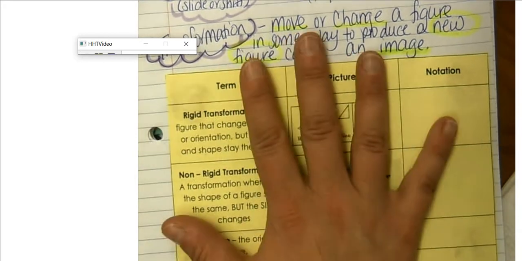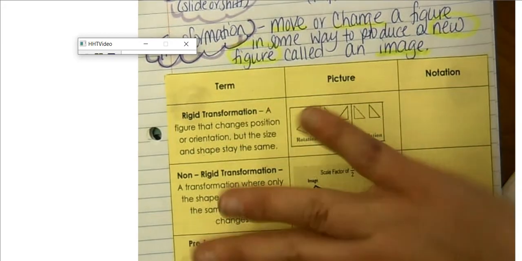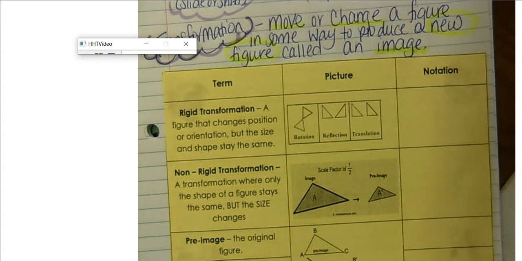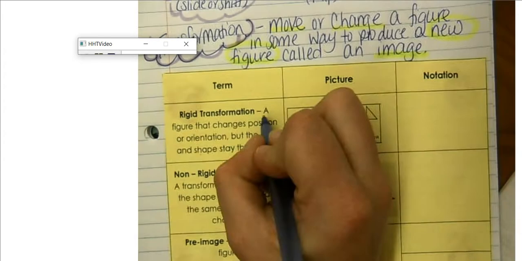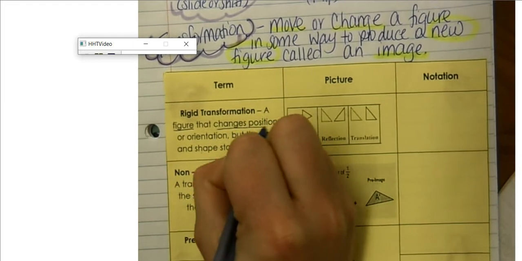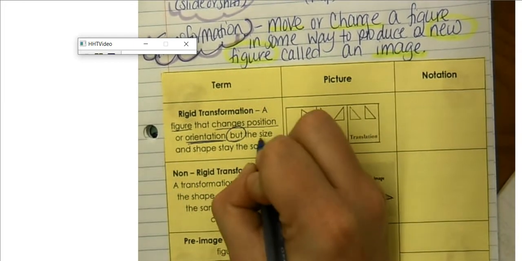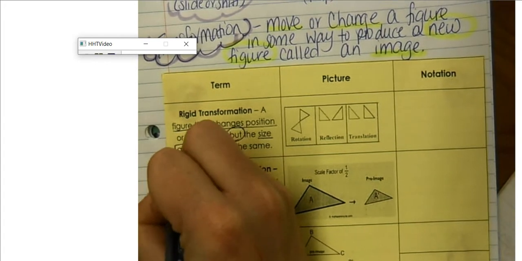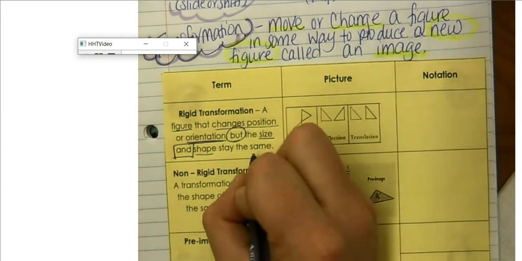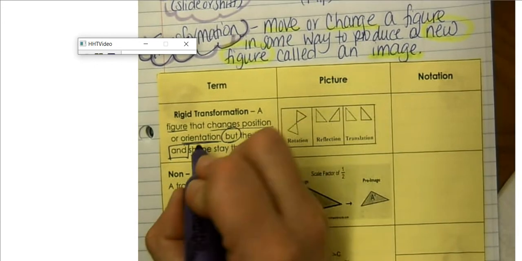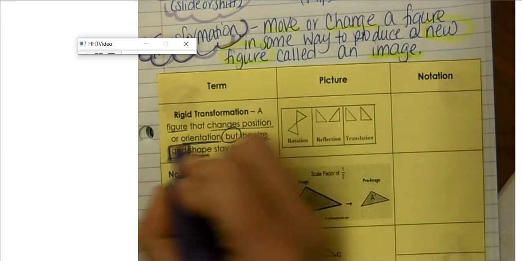Slid left, right, up, down, rotated, flipped, but it is not being changed in shape or size. So it is a figure that changes position or orientation, but the size and shape stays the same.